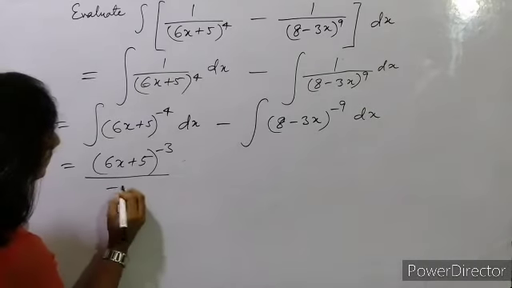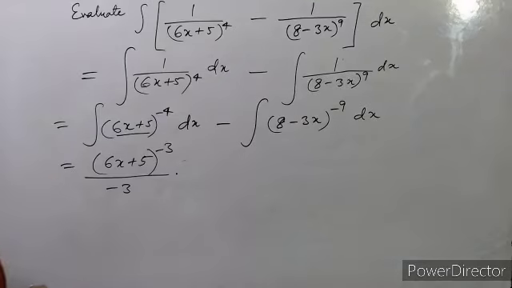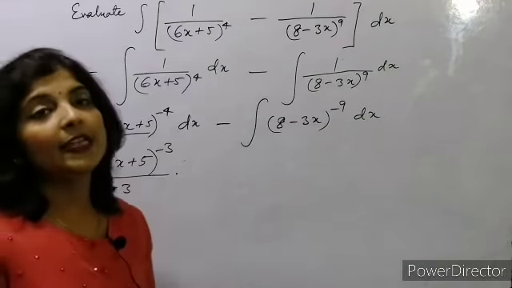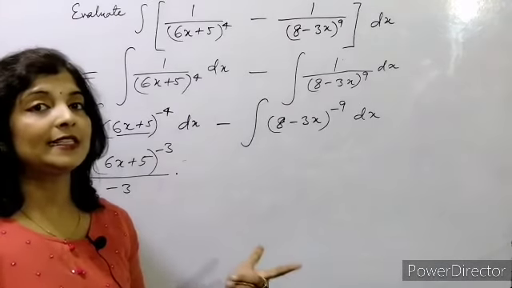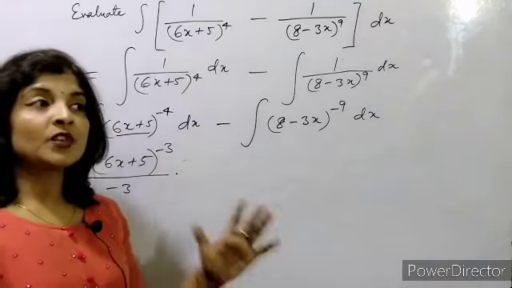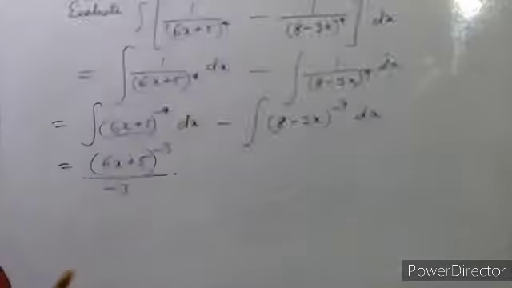Now again this part we have to differentiate. When we differentiate 6x plus 5, we'll get 6. In case of differentiation we multiply the result by 6, so here we'll divide it by 6.